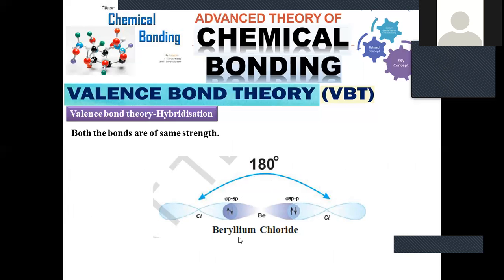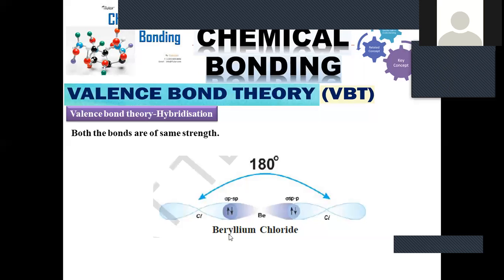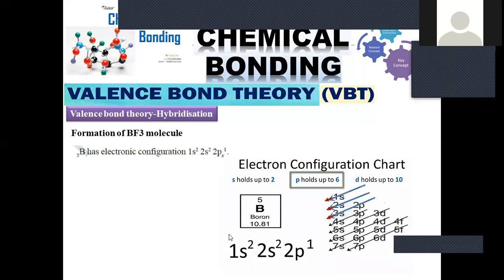So this is a clear description of beryllium chloride, where central beryllium participates in sp hybridization with the p orbital of chlorine. Sigma bond origination is possible at both ends, so there is a linear geometry with 180 degree bond angle. So this is the simplest structure of beryllium dichloride, linear.